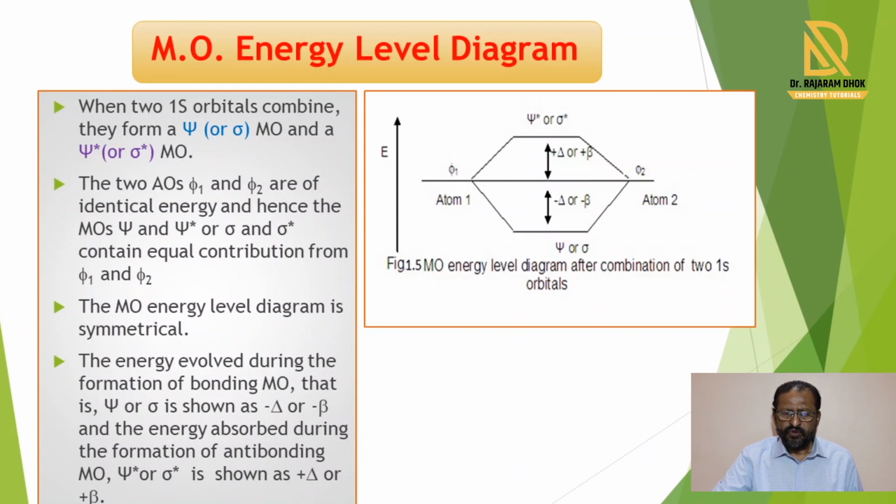So when there is minus delta energy, that is called bonding molecular orbital energy, and when there is plus delta energy, that is called anti-bonding molecular orbital energy.